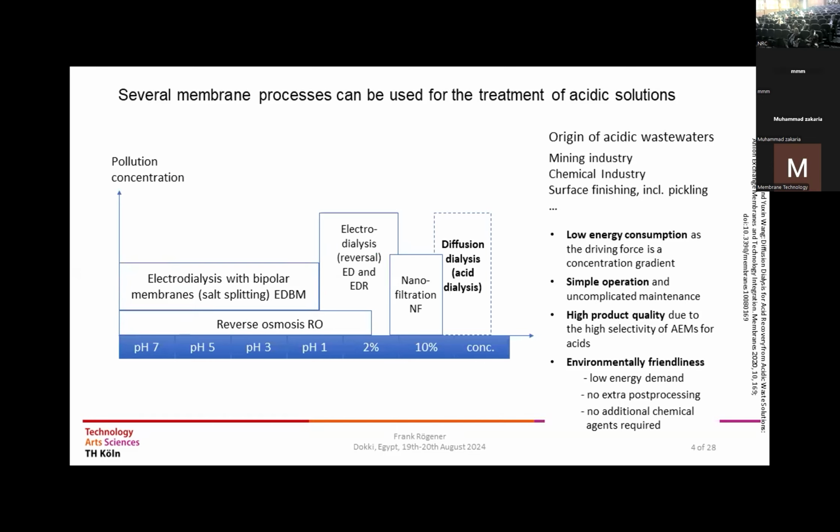Diffusion dialysis is a well-known technology that can be used for the treatment of highly concentrated acids. So here you have the spectrum. While nanofiltration membranes may also be used for highly concentrated metal-containing acidic solutions, diffusion dialysis has the advantage that it consumes less energy, because in principle no pumps are required, because the driving force is not a pressure, but a concentration gradient between two solutions.